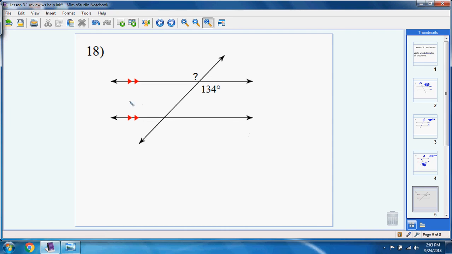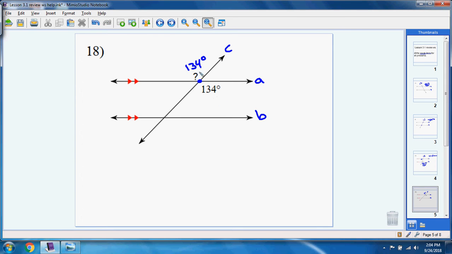All right, you got the parallel setup here. So let's say that this is line A, line B, line C. Now automatically this would be 134 degrees. Let's talk about this one for a moment. These are considered what we call opposite angles.